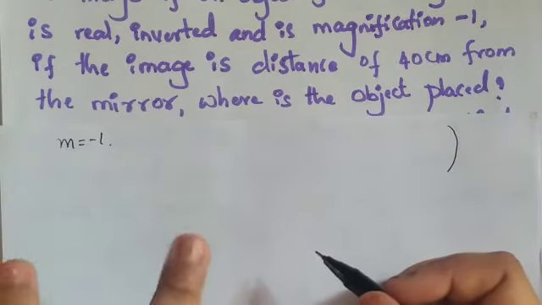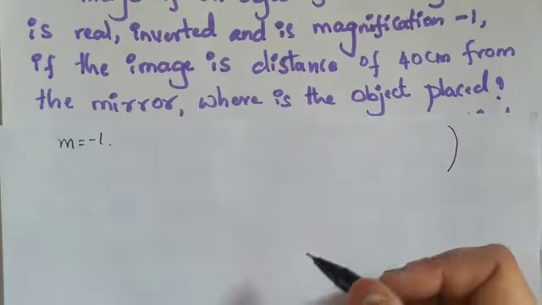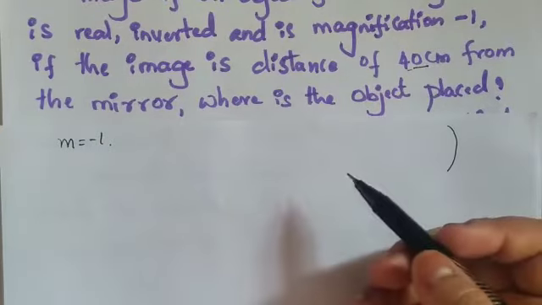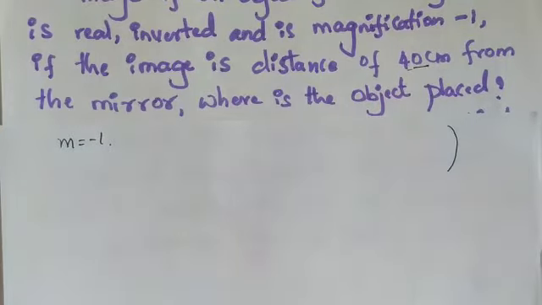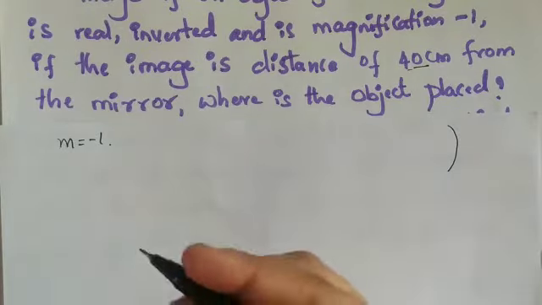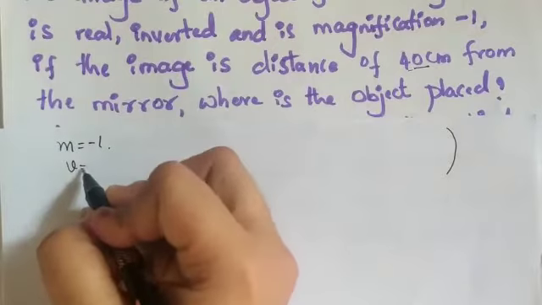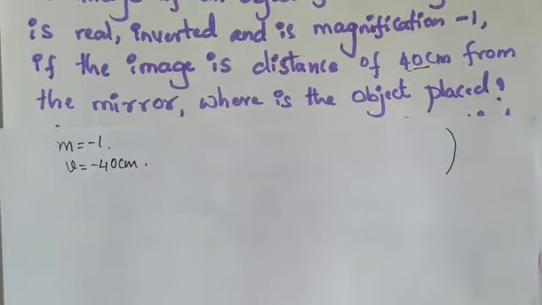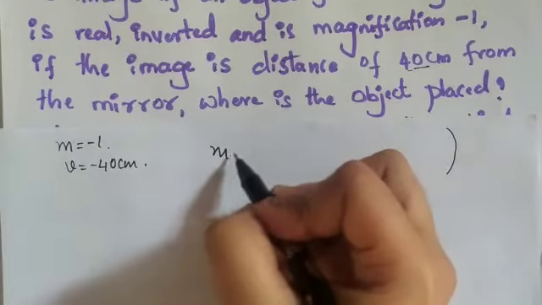And magnification of 1 in magnitude means you may have guessed that if the image is at 40 centimeter, obviously the object will be at 40 centimeter. Then only you get the magnification as 1. So the image V value is -40 centimeter because it is a real and inverted image. Now let me substitute in the formula.